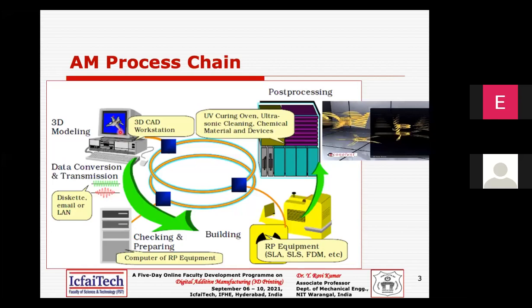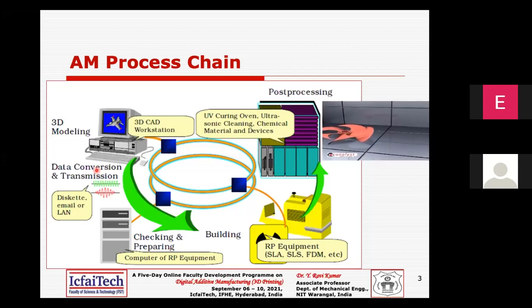We start with that, and then we need to convert the data. As we know, the de facto standard is the STL file. Though this technology started 32 years back, the STL file is still the de facto standard, even though in recent times AMF, 3MF, OBJ and MTL files are there.